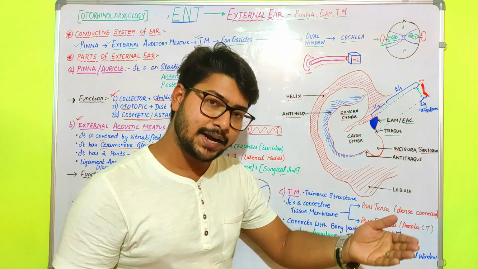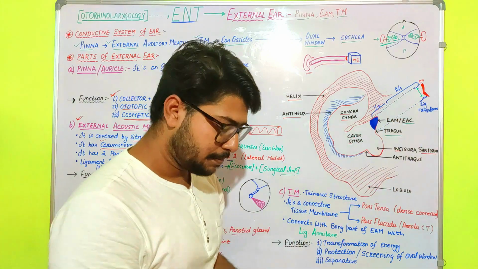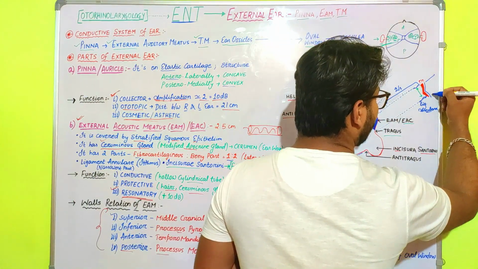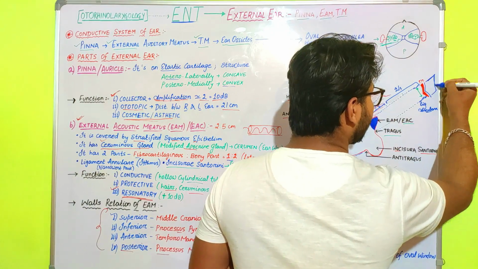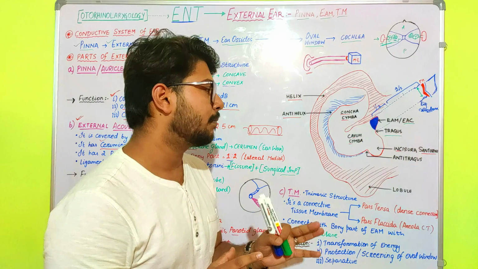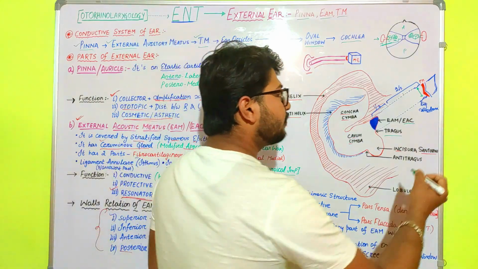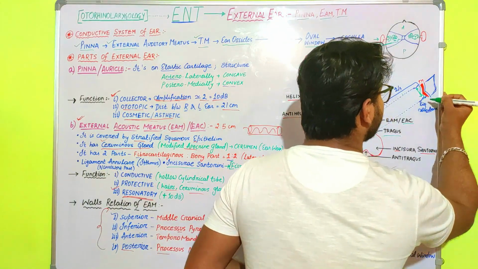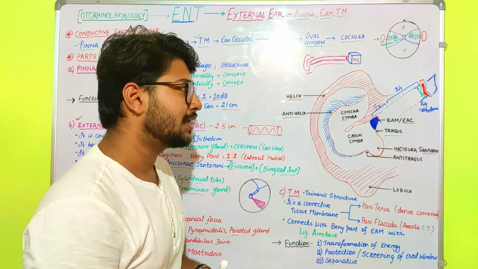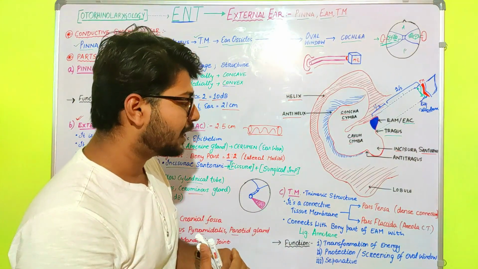And on the medial side of the tympanic membrane, the side towards the middle ear, we have the mucosal layer of the tympanic membrane. So it is made up of three layers. Okay. Next, this trimeric structure is again divided into two parts.